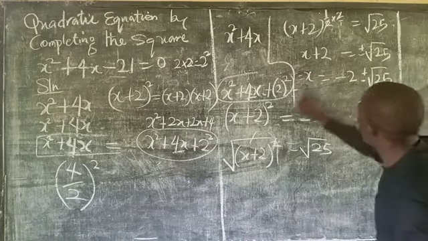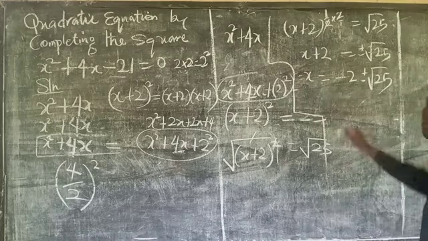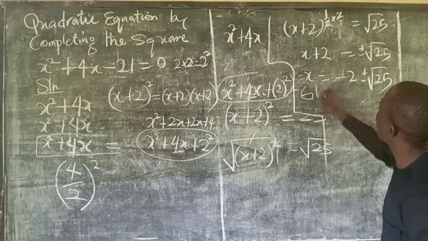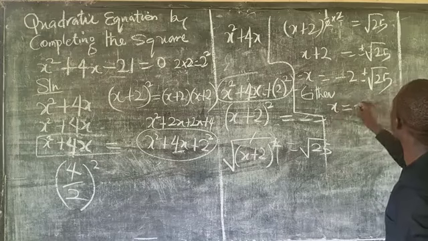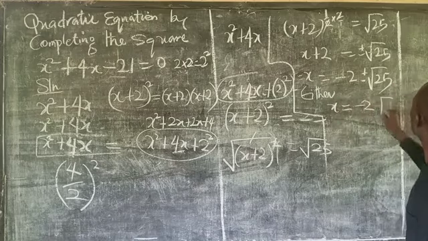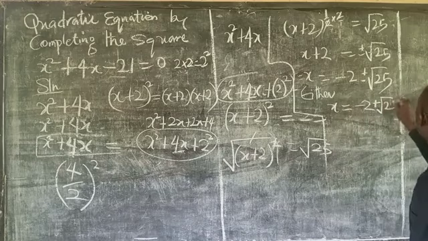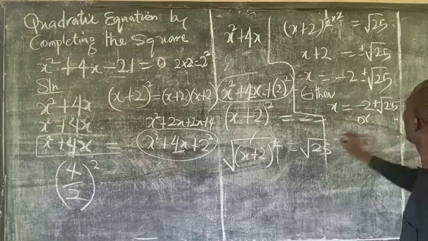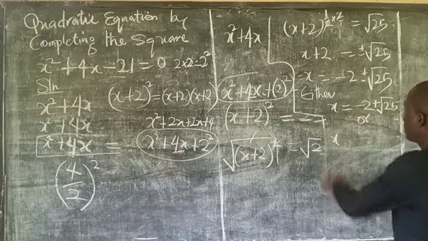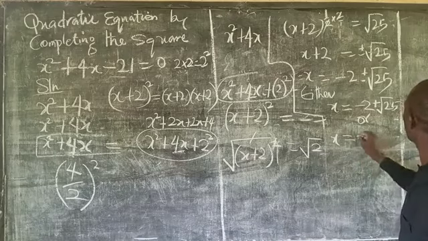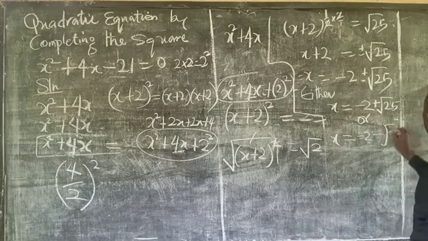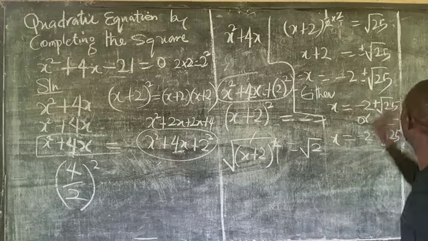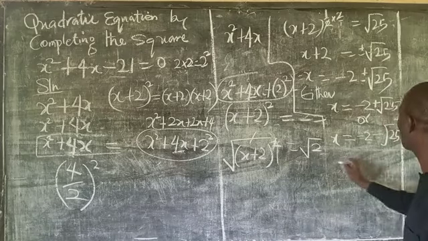So we can see either s equals minus 2 plus square root of 25, or s is equal to minus 2 minus square root of 25. You know, square root of 25 is 5.